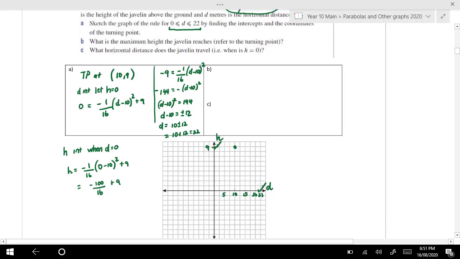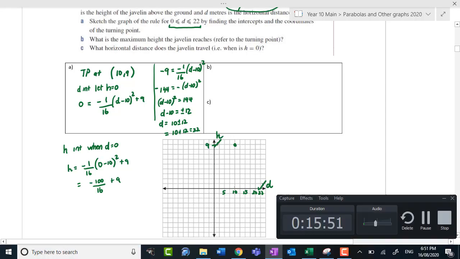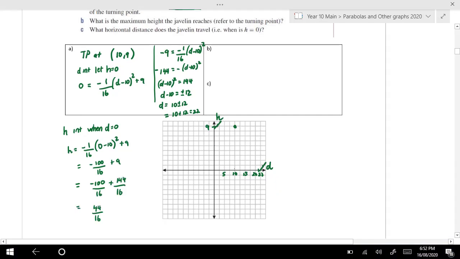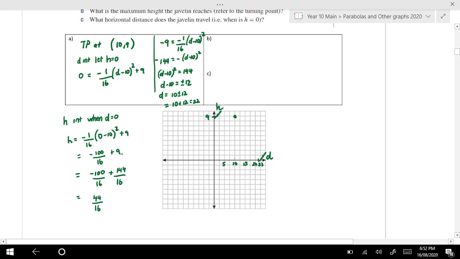And we've got some fractions there, so let's quickly work that out. You can see that I've just changed 9 to a fraction. 144 over 16 is the same as 9, so I've multiplied 9 by 16 to get that as the fraction.